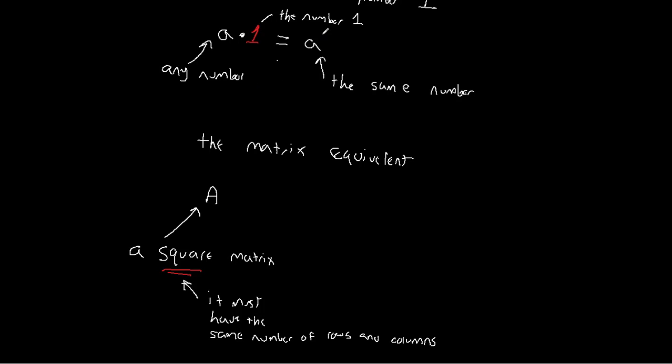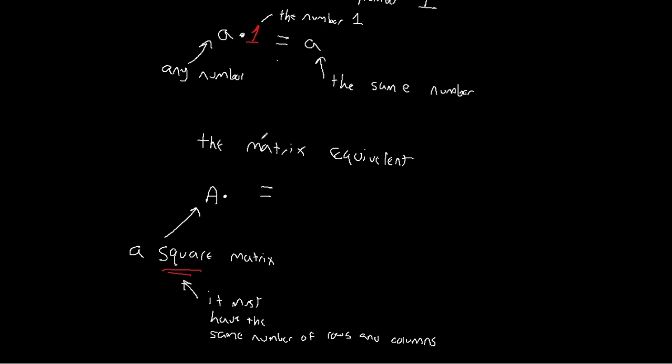Okay, so in our mathematical definition of 1, any number times this thing we call 1 gives us back that same number. So let's apply this concept to our matrix equivalent. We have a square matrix, square being key here, multiplied by something. So we'll put the multiplication here, multiplied by something, and I'm going to leave that empty for now.